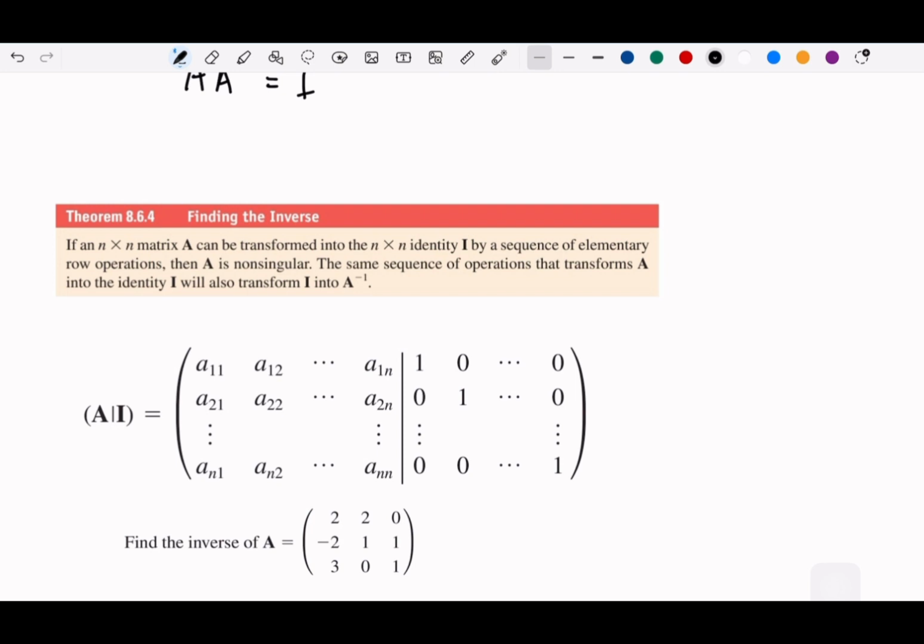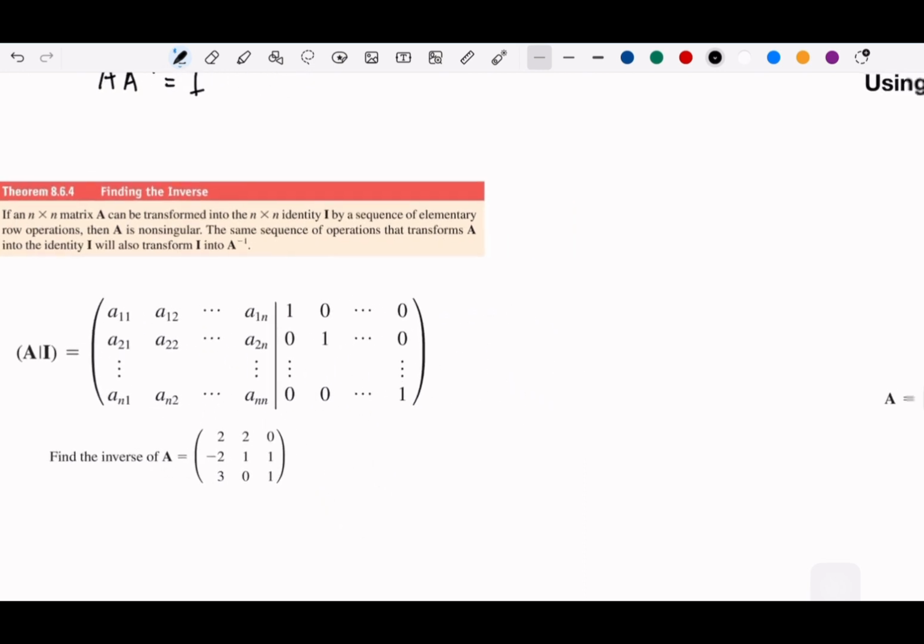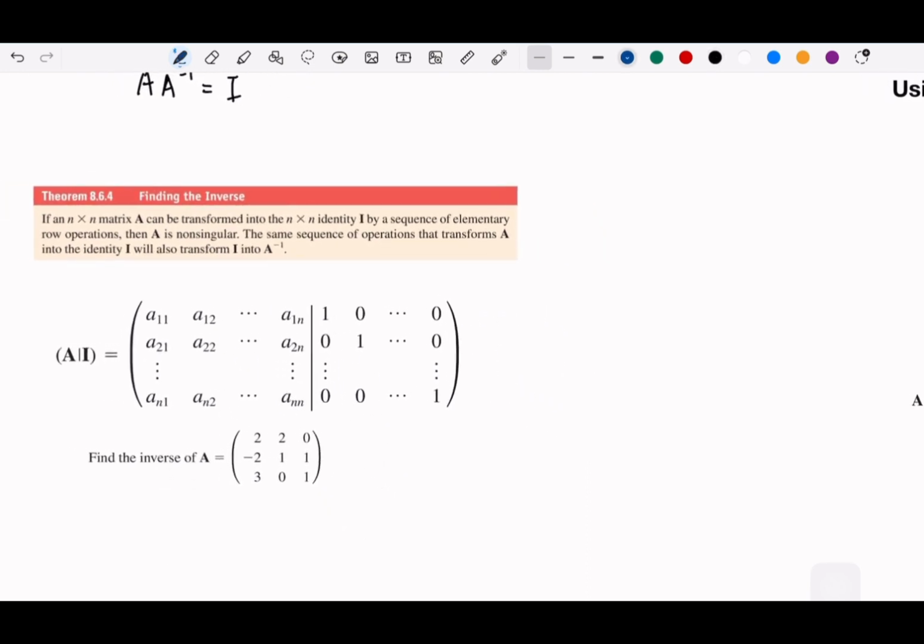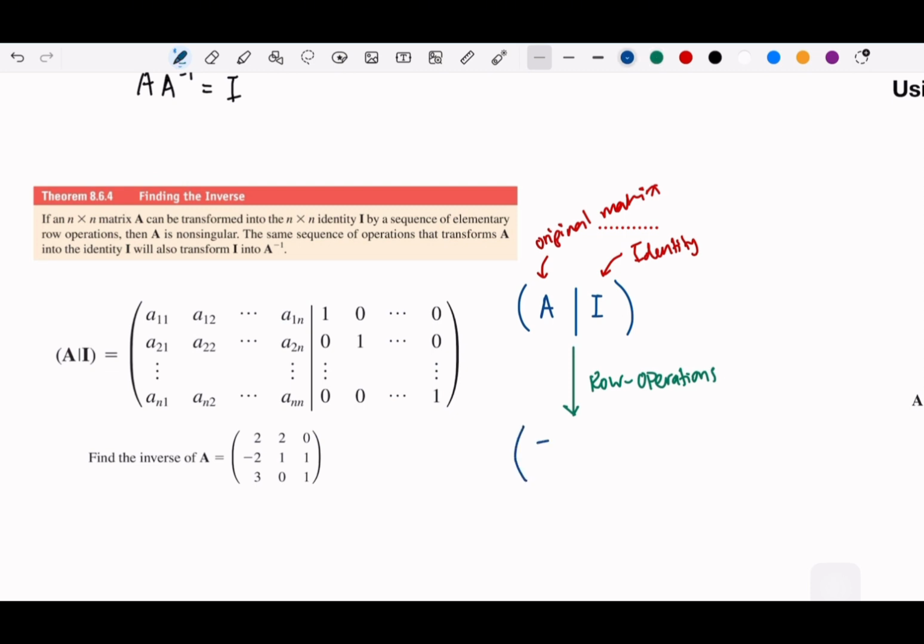Let me give you an example. Basically, let me write here. We will have A, and here is the identity. This will be our original matrix, and this will be the identity. Our goal is to take this and make some row operations, and in the end this will be the identity, and this will be A inverse.